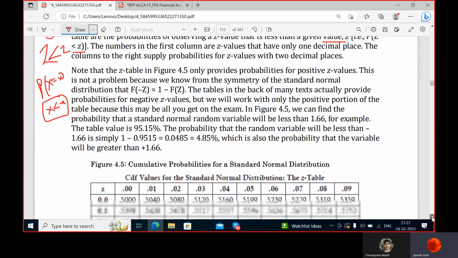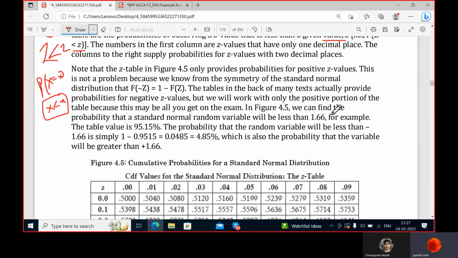Now let's see this table and what it says. In figure 4.5, we can find the probability that a standard normal variable will be less than 1.66. Like F of minus z is 1 minus F of z. This is a formula or property. For example, the table value is 0.9515.